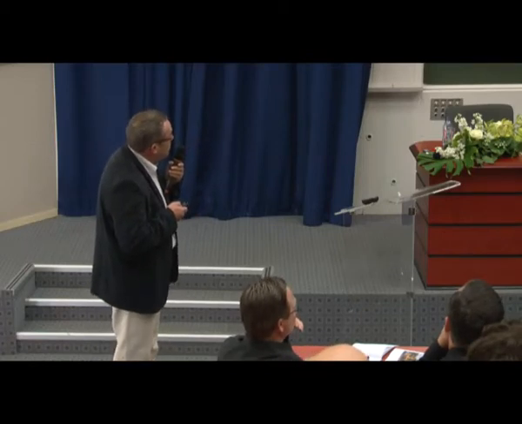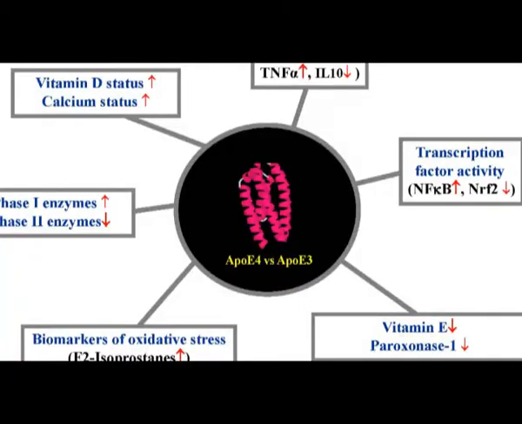We then looked into cultured cells, and we measured superoxide anion free radical production in ApoE3 and ApoE4 macrophages, and we found that the genotype at risk puts out more reactive oxygen species than the so-called wild type.